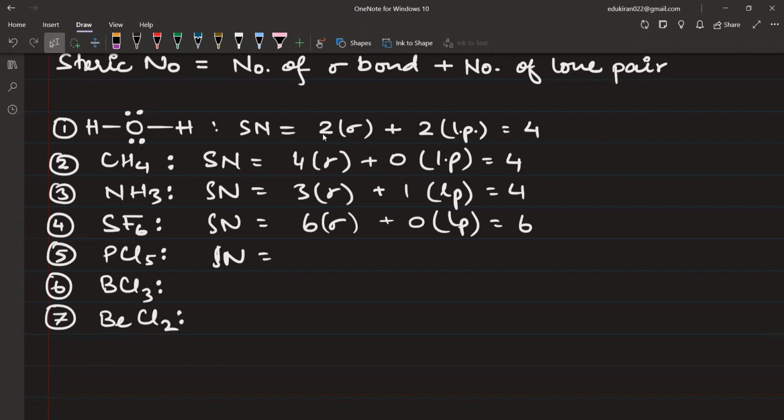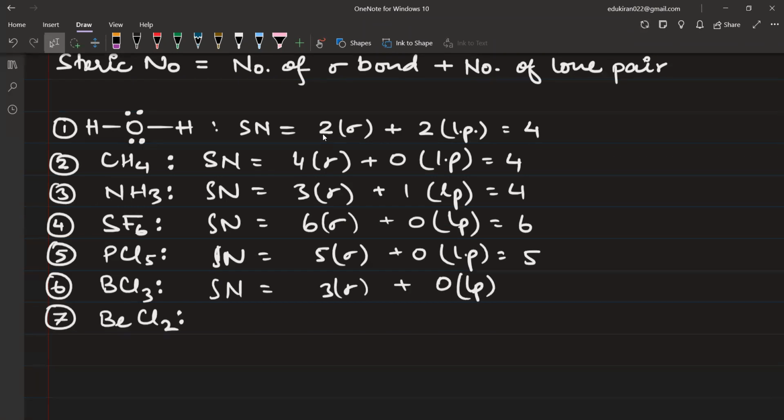Here Sn is equal to 5 sigma plus 0 lone pair. For BCl3, steric number will be equal to 3 sigma plus 0 lone pair electrons, and for BeCl2, 2 sigma plus 0 lone pair electrons.